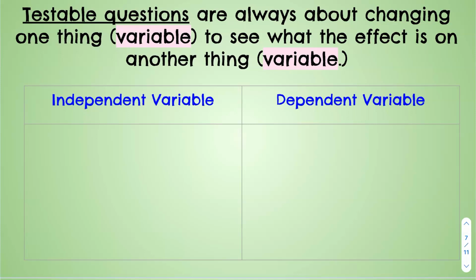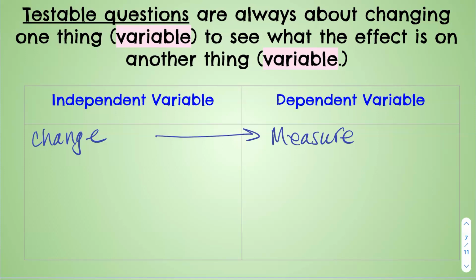So simply, an independent variable in a testable question is the thing that you change. And when you change that thing, you measure the outcome. So the independent variable is what you change, and the dependent variable is the thing that you measure.